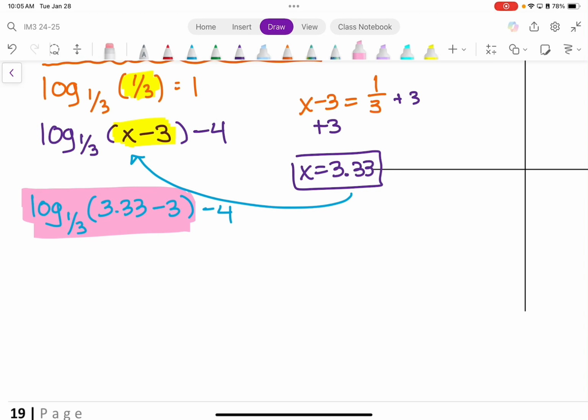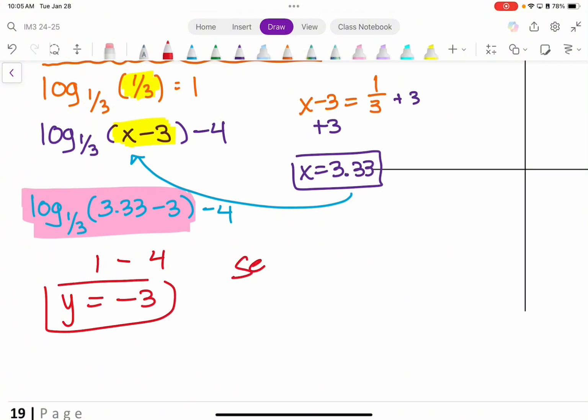Log base 1/3 of 1/3 will become what? 1. All of this will become 1. So really it's just 1 minus 4. So what's 1 minus 4? -3. So your second point is 3.33 and -3. That is your second point.